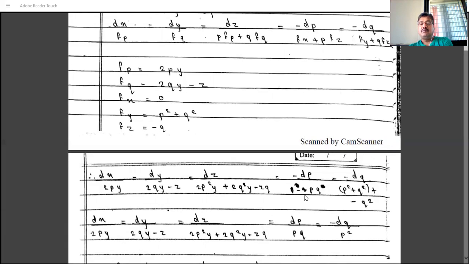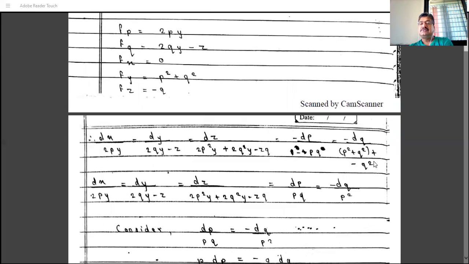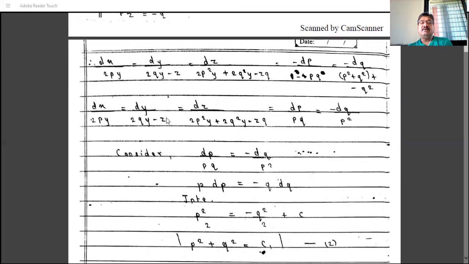So we have minus pq, minus dp divided by minus pq, minus dq divided by fy, which is p square plus q square, plus q into fz, so it is minus q square. So write p square plus q square minus q square. The simplification is minus dp divided by minus pq, which becomes plus dp divided by pq, and p square plus q square minus q square is p square, so minus dq divided by p square. So this is the auxiliary equation.